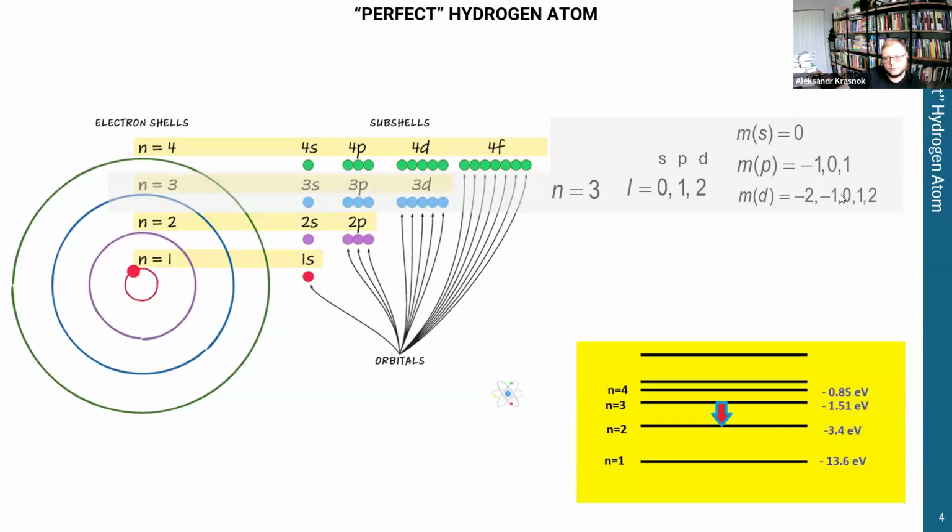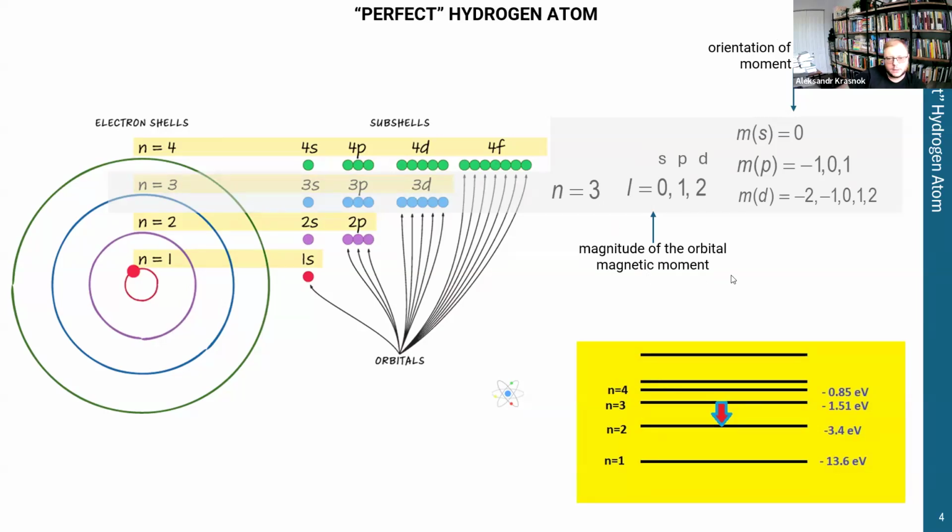For d, we have 5 orbitals, and so on. Just as I said, L defines the magnitude of the angular mechanical momentum, and M corresponds to the orientation of this momentum in space.